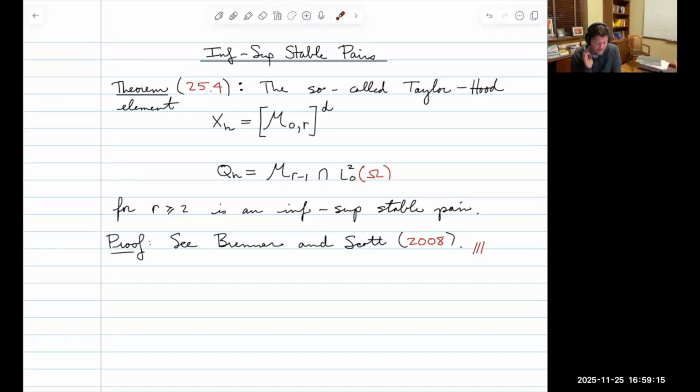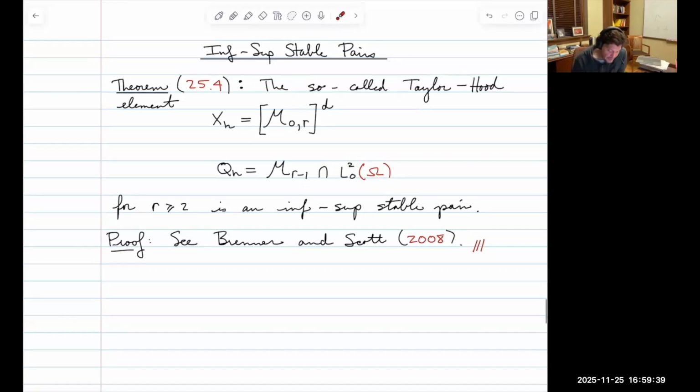There's plenty of functions left in that space that are mean zero. So this pair together is known to be inf-sup stable as long as R is bigger than or equal to 2. So that means that these are piecewise polynomials of degree 2 or better, and these are piecewise polynomials of degree 1 or better. This forms an inf-sup stable pair.